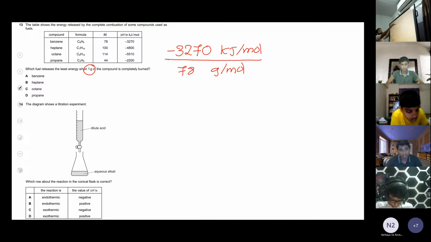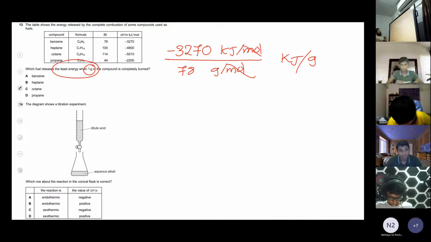When you divide, moles will cancel out. The answer is kilojoules per gram. Divide this by this, and tell the answer.